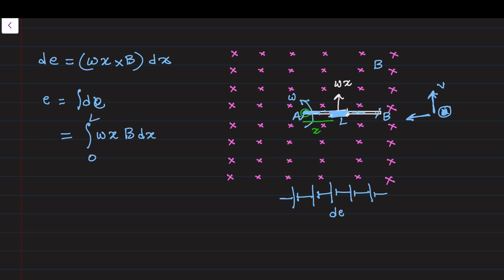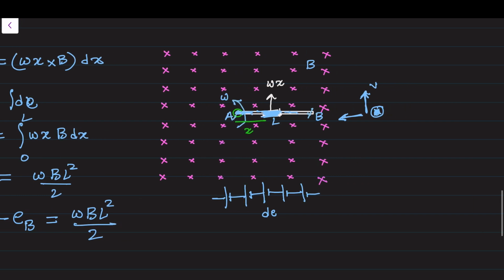Length given L, so 0 to L, omega B L square by 2. And from this particular diagram, it is clear that A is at higher potential than B. So we can write EA minus EB, EMF induced across AB with A at higher potential is omega B L square by 2.